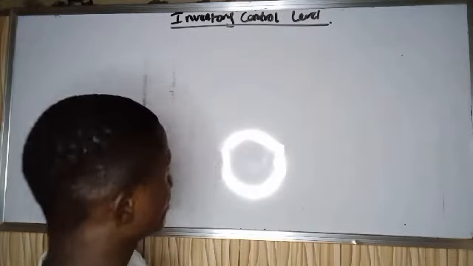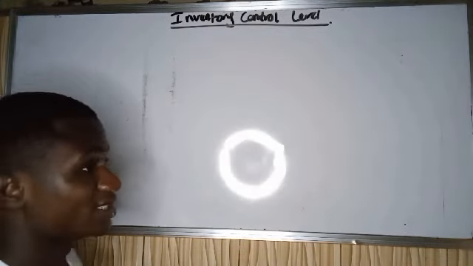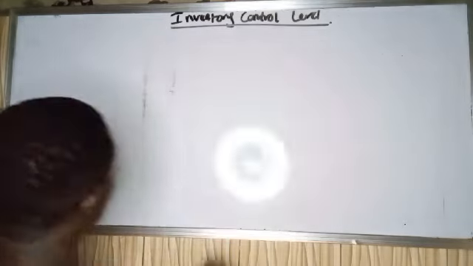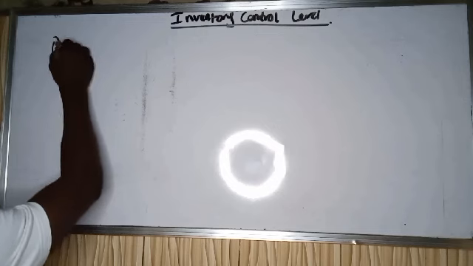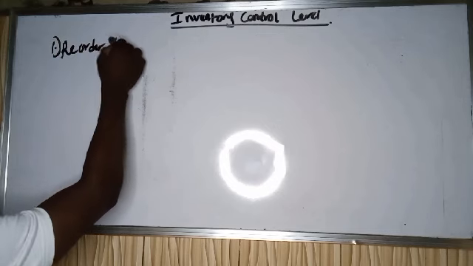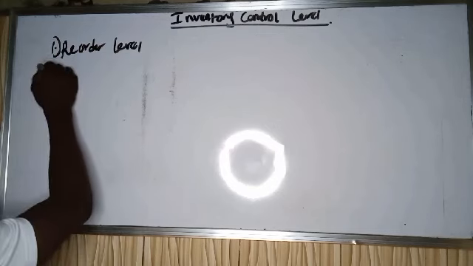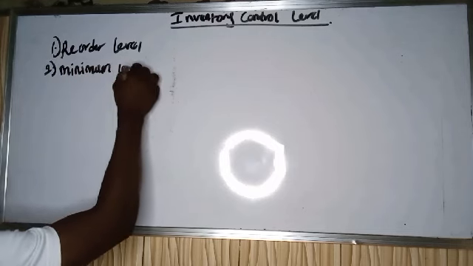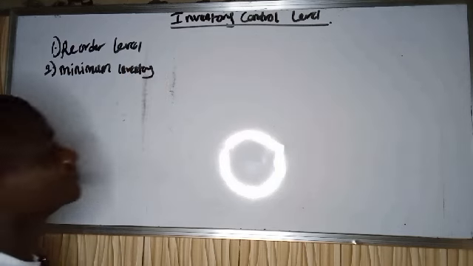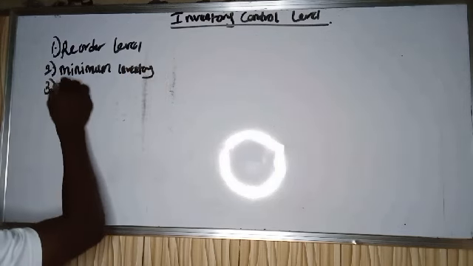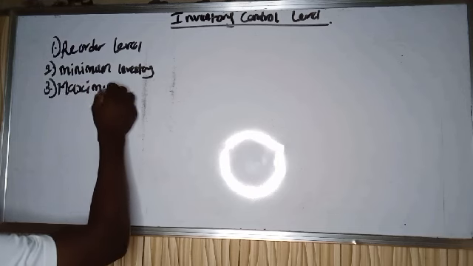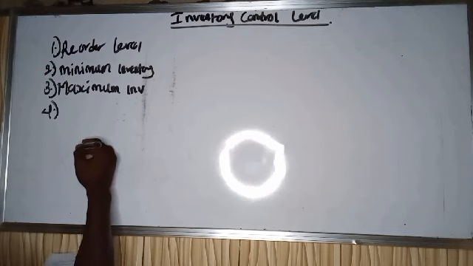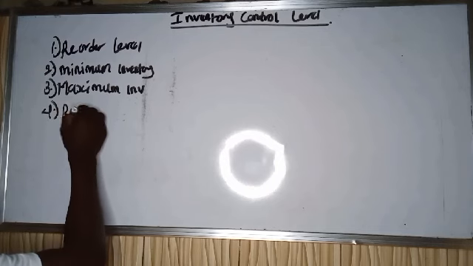According to my presentation, the parameters we are going to be studying in this class are, number one, reorder level. Number two, minimum inventory level. Number three, maximum inventory level. Number four, reorder quantity.